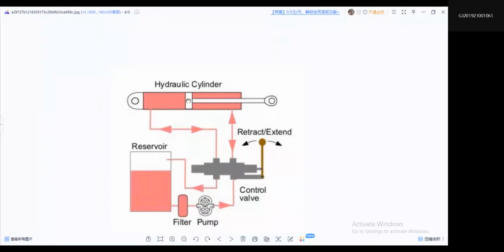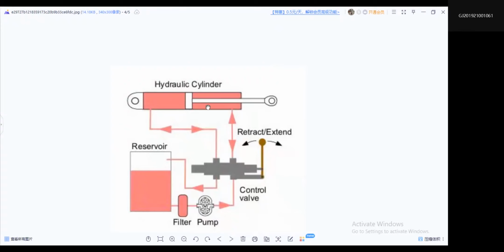How does this hydraulic cylinder work? What is the main work of a hydraulic cylinder? Firstly, a hydraulic cylinder is also called a linear hydraulic motor. It's a mechanical actuator that is used to give a unidirectional force through a stroke.